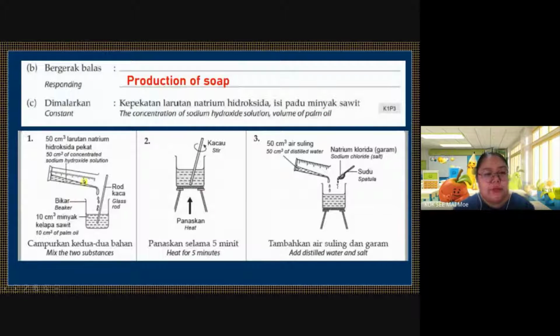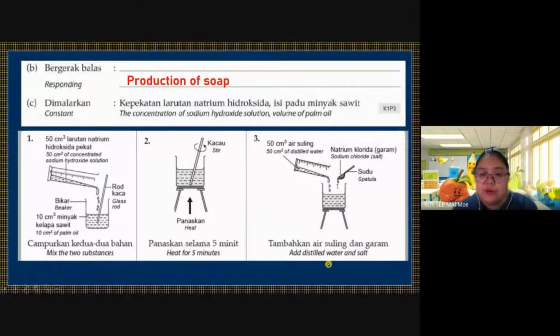Okay, now we see the first step. They say they mix the two substances. First, inside the beaker there is already the palm oil. After that, they mix in the concentrated sodium hydroxide solution. Then after that, they need to heat it for 5 minutes. You need to stir evenly when they heat.